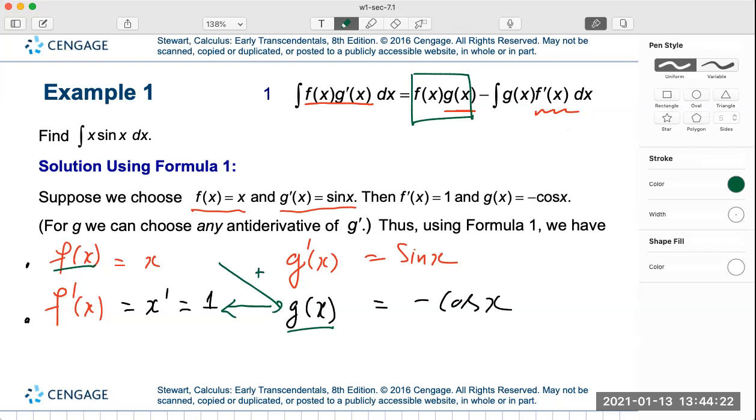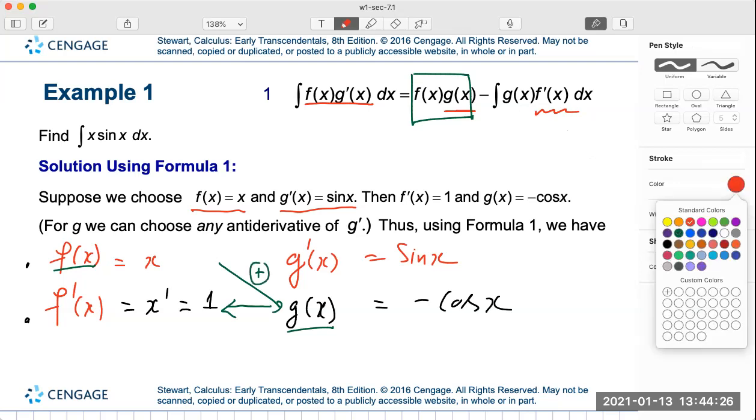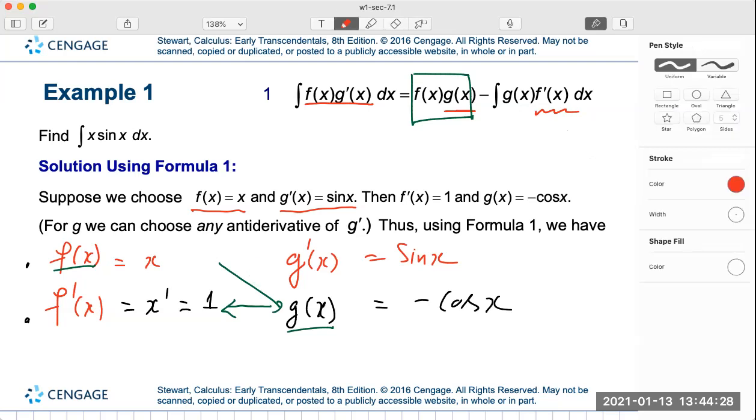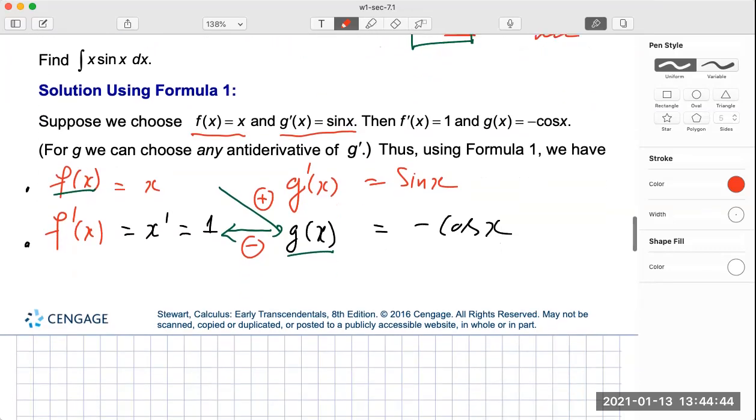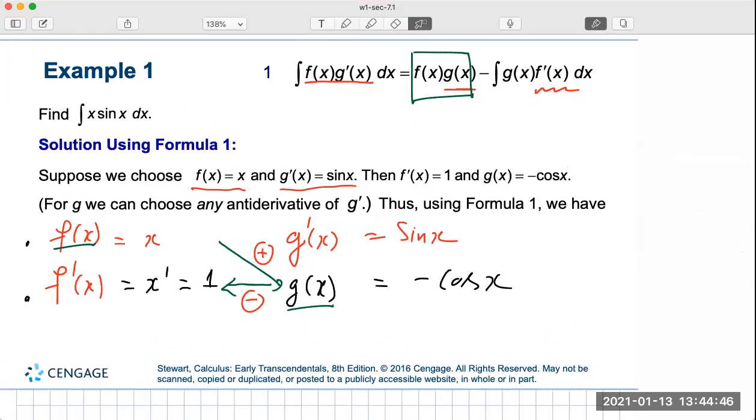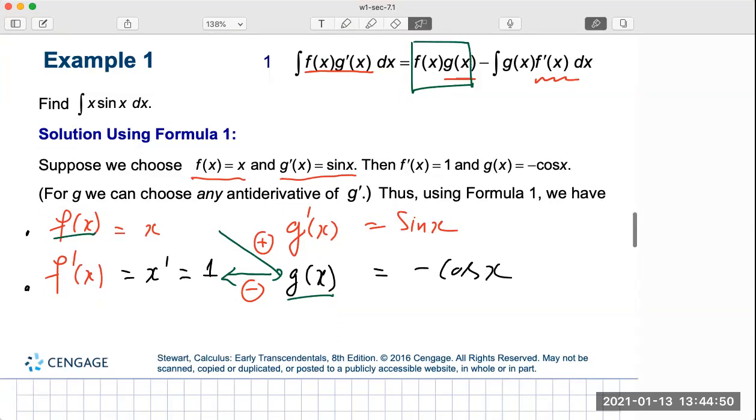So the positive sign, then subtract g f prime. This is how we can memorize it in my way. So it's up to you. This is the whole idea. So from this, we want to compute this integral.